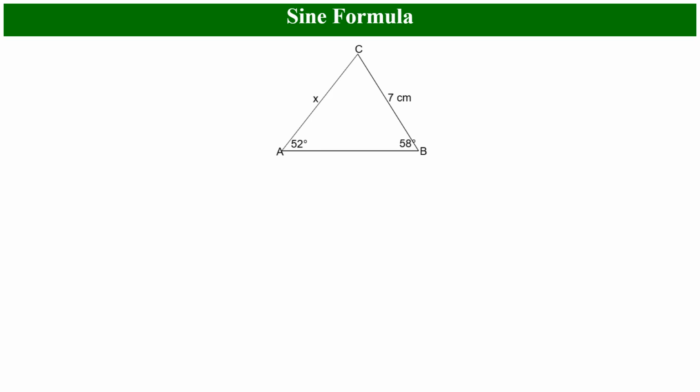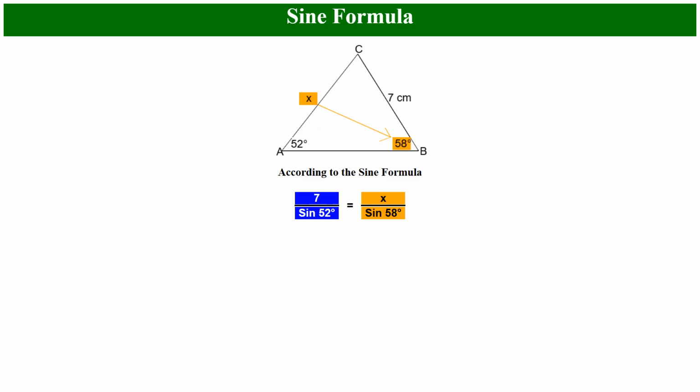And if you like, take a few seconds to try and write down the sine formula for this triangle. If you do it, you should get this. So 7 divided by the sine of the angle opposite that 7 centimeters, which is 52 degrees, is equal to, you see what it is? It will be x divided by the sine of the angle opposite x, sine 58 degrees.